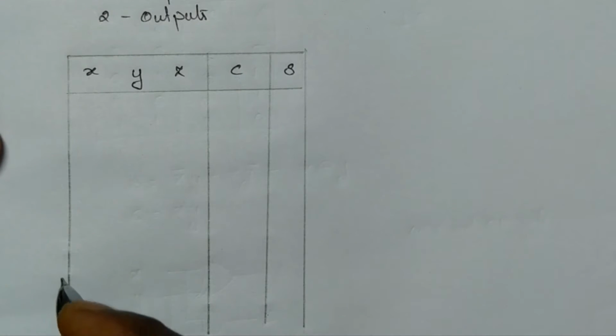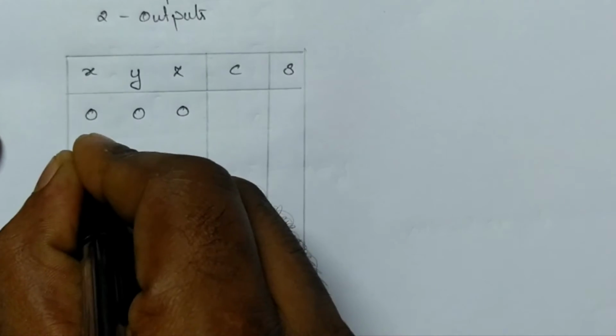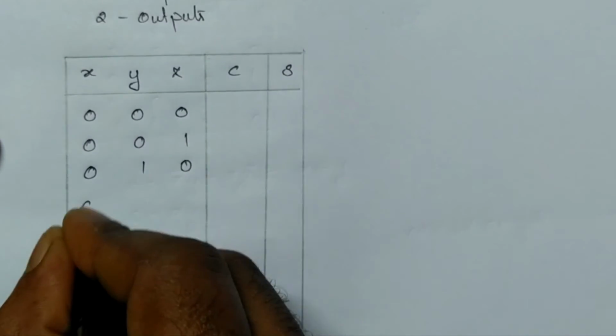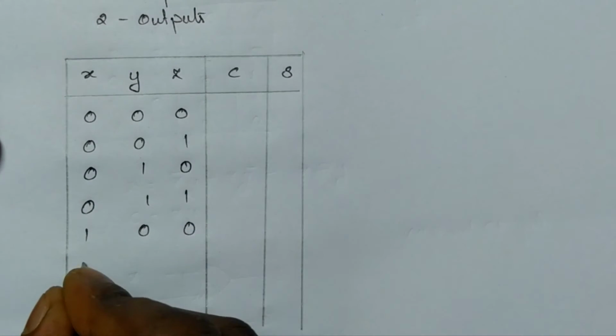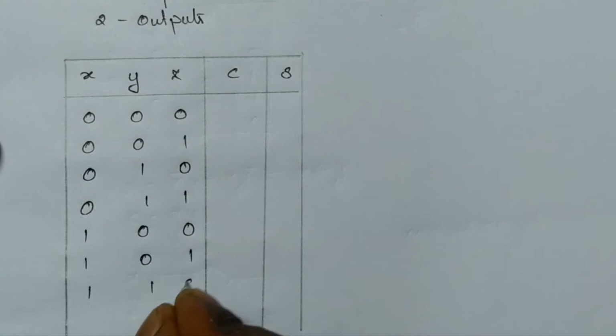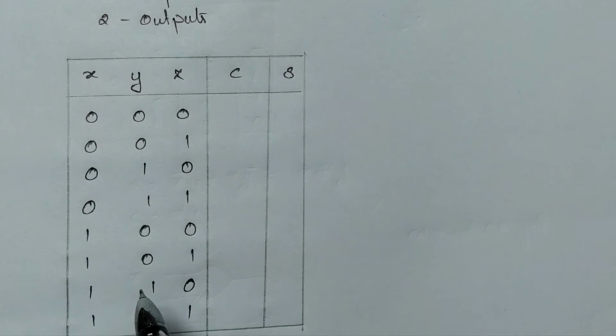The possible input combinations are 0 0 0, 0 0 1, 0 1 0, 0 1 1, 1 0 0, 1 0 1, 1 1 0, 1 1 1. These are all the input combinations.